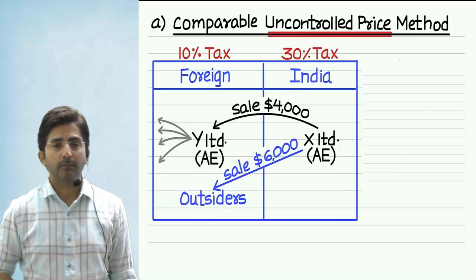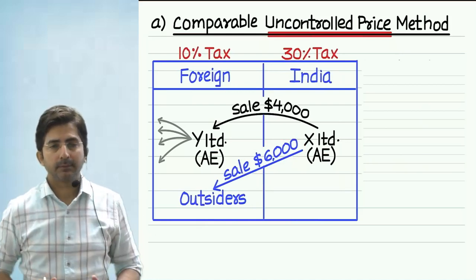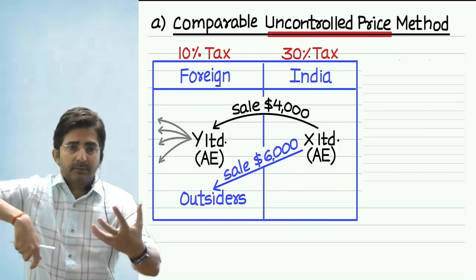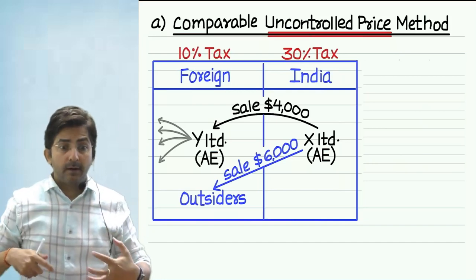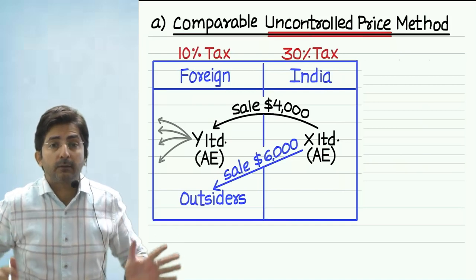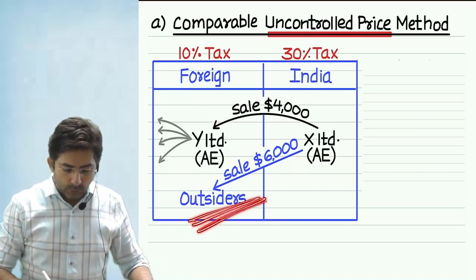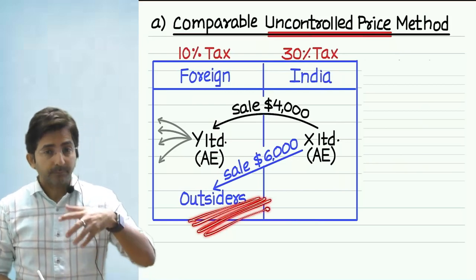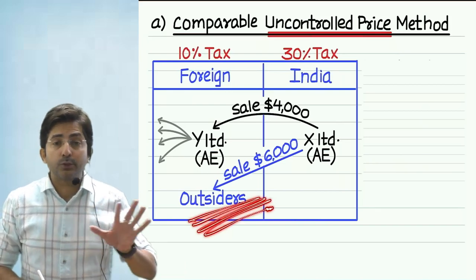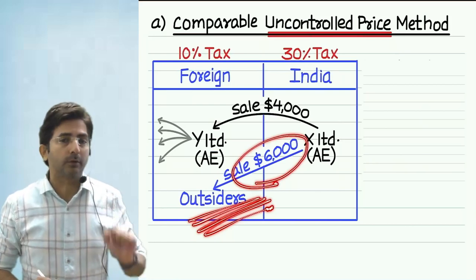Outsiders means those who are not associated with us. The one who is associated, I will call them insider. They are from our group only. Outsiders means the one who is not associated and not related with us. So assume X Limited, when it deals with outsiders, or unrelated parties who are not associated with X Limited, sells the same product for $6,000.